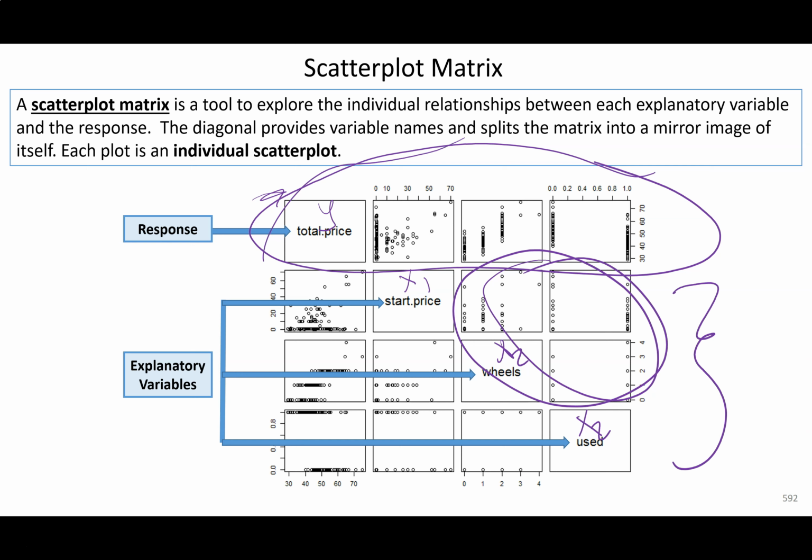You do want to see a relationship between the explanatory variables and the response variable. Because if you see a relationship between the explanatory variables and the response variable, that's a good indication that that explanatory variable helps explain something that's going on with the response. That starting price explains something that's going on with the total price. That number of wheels included explains something with the total price. That whether or not it's used might explain the total price.